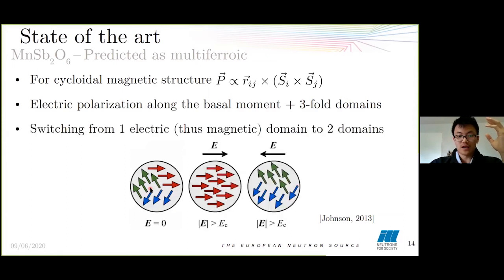So if you apply an electric field along one direction, you can actually select one of these 3 domains. And if you apply the electric field in the reverse direction, you are actually switching from one domain to 2 domains. And this can be very useful for some applications.